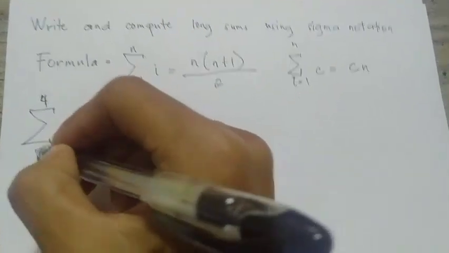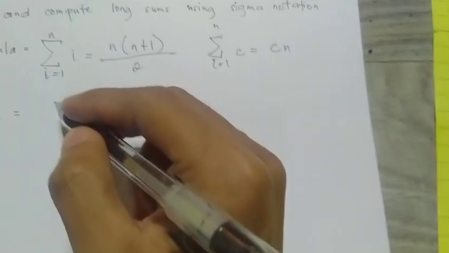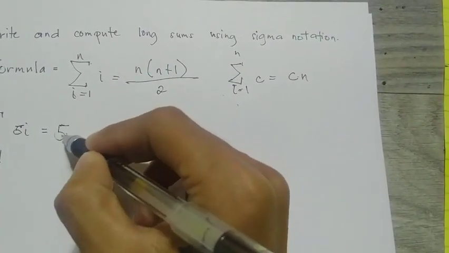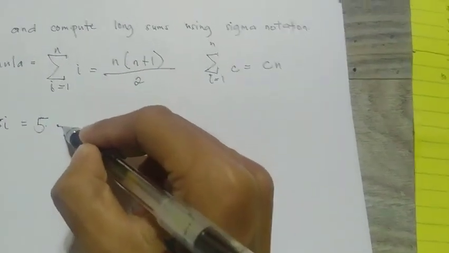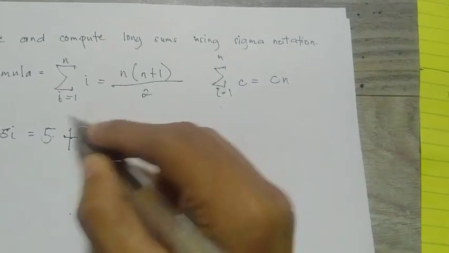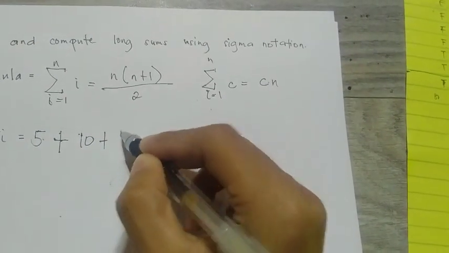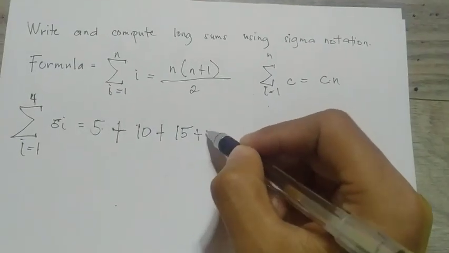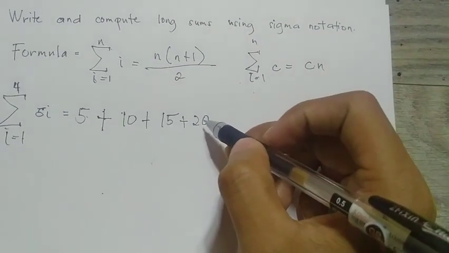n is 4, the sum from i equals 1 to 4 of 5i. In this problem, we can solve it like this: 5 times 1 is equal to 5, plus 5 times 2 is equal to 10, plus 5 times 3 is equal to 15, plus 5 times 4 is equal to 20.